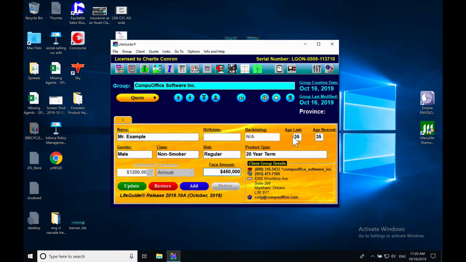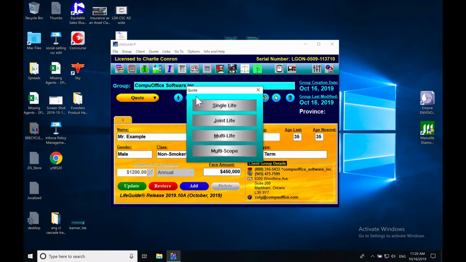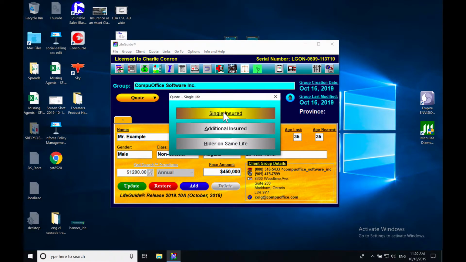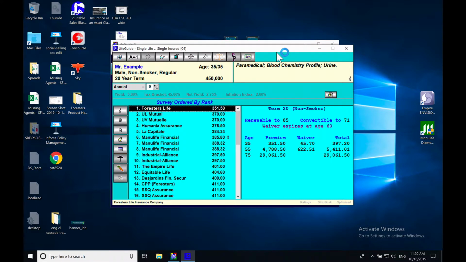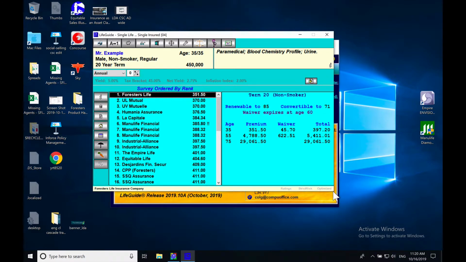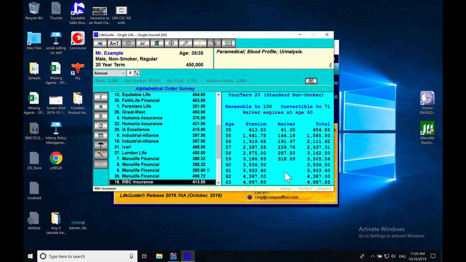So let's run this quote. I'm just going to quote single life, single insured here, and we're going to produce our results. Okay, if we hit the letter R to jump down to RBC, we see that they charge $413.50 a year.